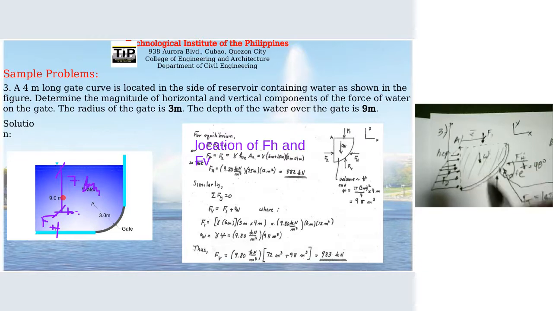Now, the F sub B, or the weight, acts on the centroid of a quarter circle.